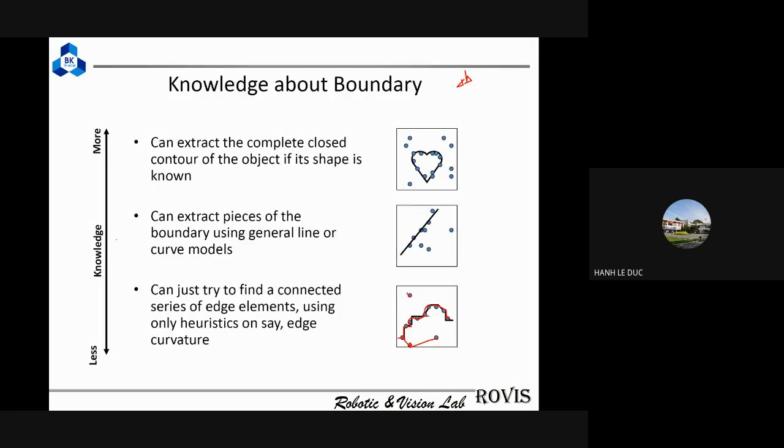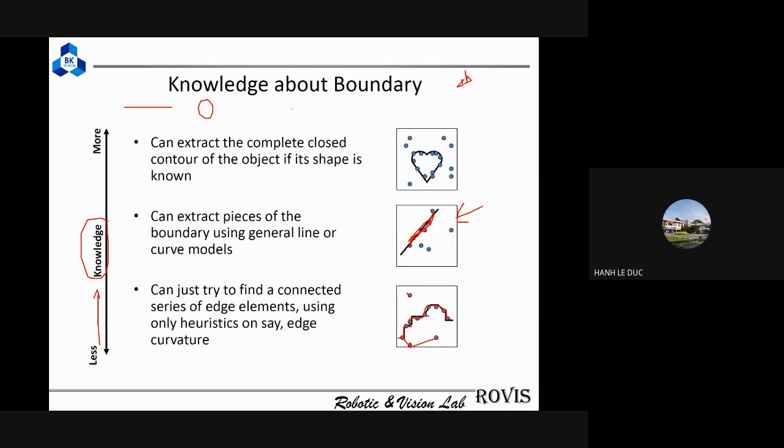And if you have a little more knowledge, for example, I want to recognize a line or a circle, that means you have more knowledge. So the image processing will connect the points to form a straight line in the image.